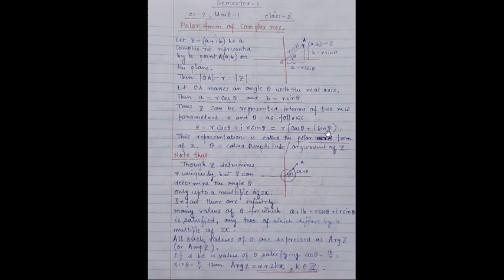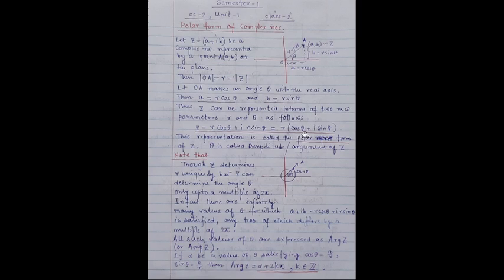Now note that we have replaced a and b by two other parameters, r and theta. These are the two parameters that represent the complex number z. So r is basically the modulus of the complex number z, and theta is the angle that OA makes with the x-axis.